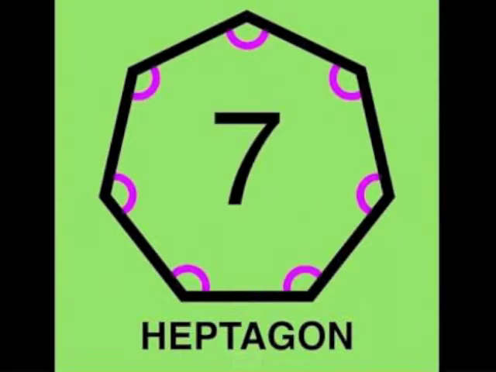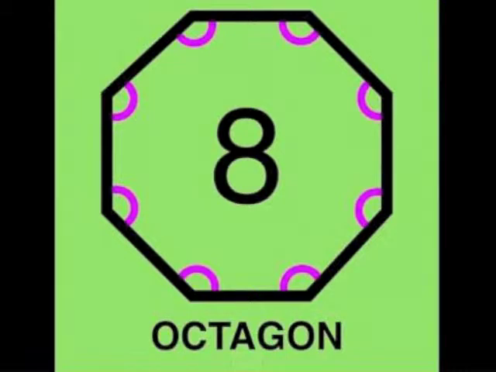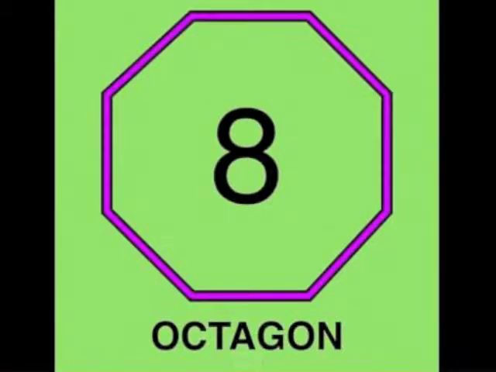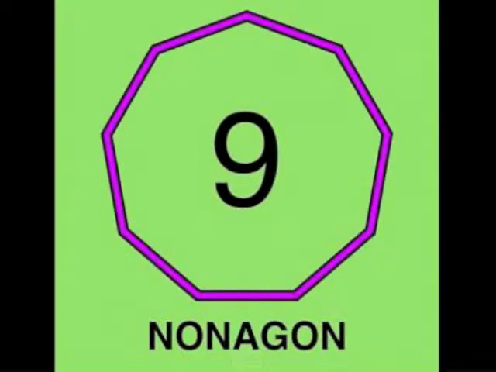A heptagon is a polygon with 7 angles, 7 sides. An octagon is a polygon with 8 angles, 8 sides. A nonagon is a polygon with 9 angles, 9 sides.